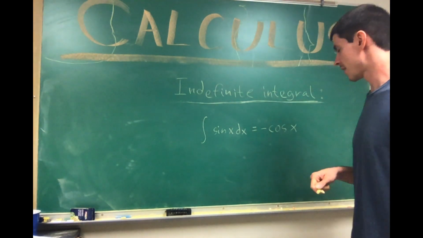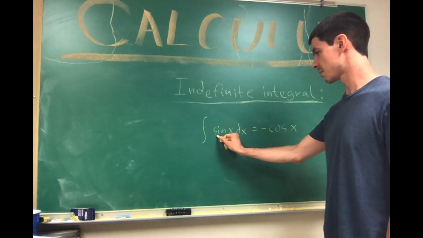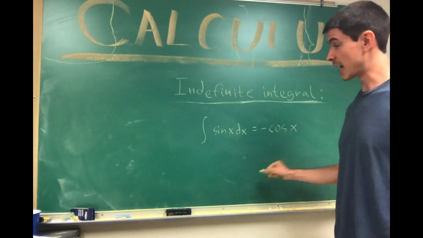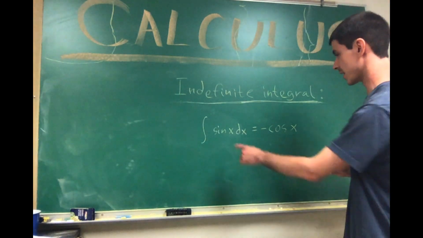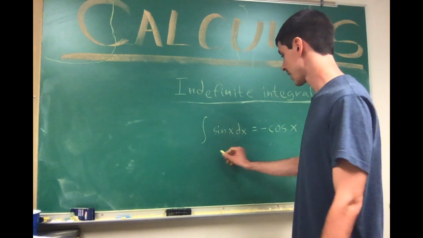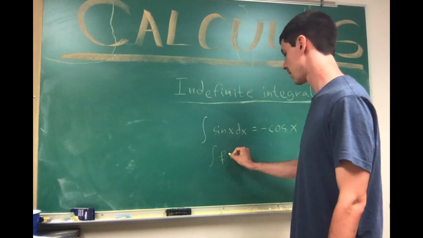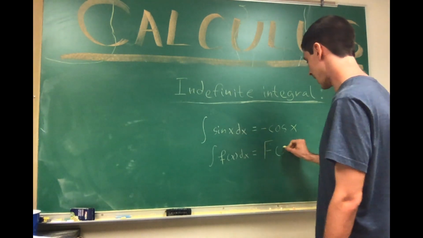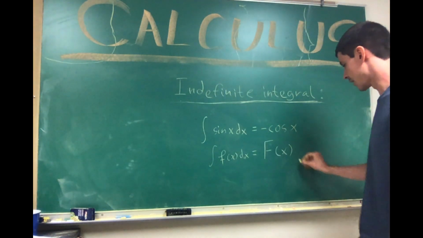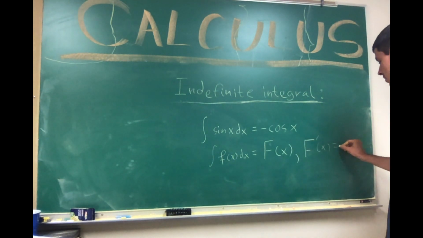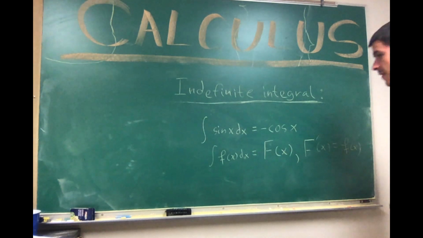And if you notice, I'm not distinguishing between x in the integral and x outside of the integral anymore, and I'm not putting any bounds on the integral, so that's what an indefinite integral is. So in the language that I was using before, the indefinite integral of f of x dx is capital F of x, and for completeness, I will again say F prime of x equals f of x.